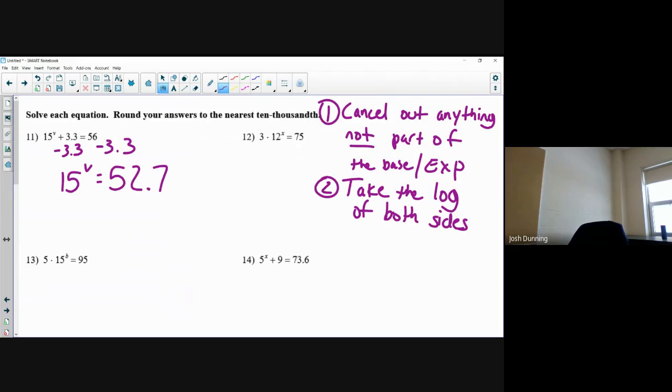When you take the logarithm of both sides, we're going to just not even write a base down. We'll just use that base 10 button on the front of our calculator. Easiest way to do this. When I was going over the definition of a logarithm, I had said the output of a logarithm is an exponent.